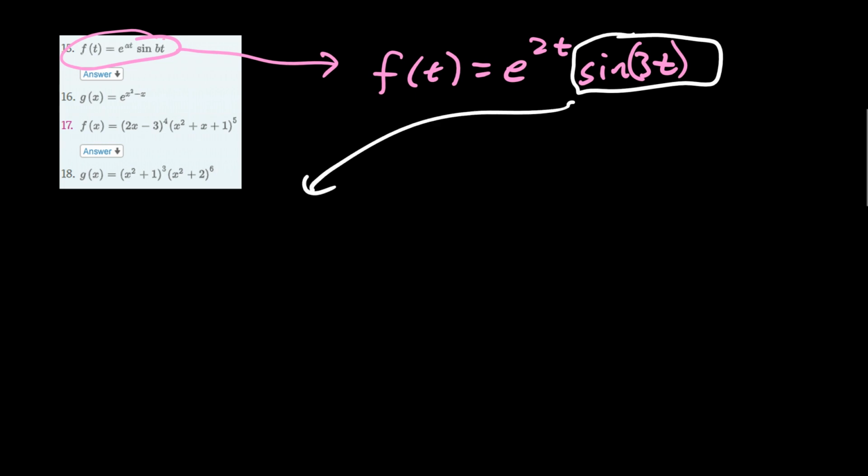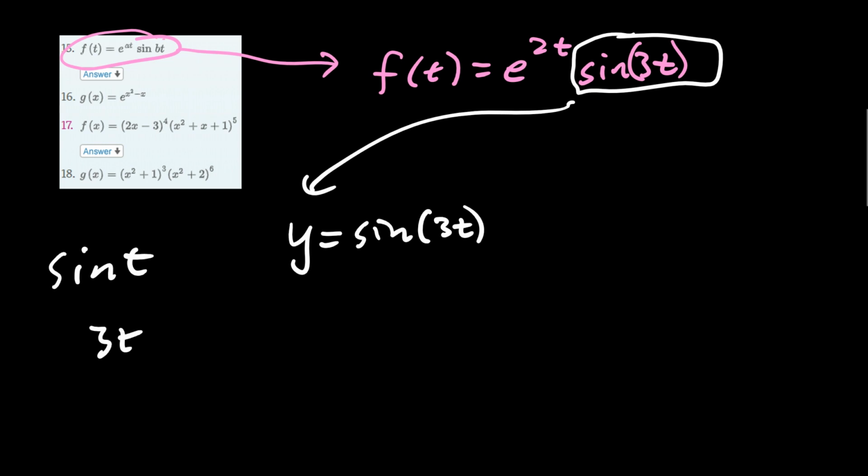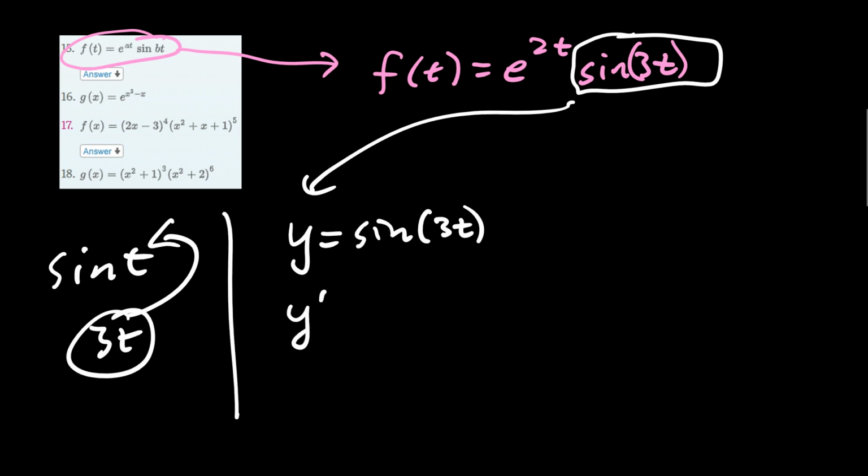Let's call it y equals sine of 3t. So this is the composition of two functions. It's not just sine of t, and it's not just 3t. It's one plugged into the other. So when you do this derivative, you have to take the derivative of the outside function and then multiply times the derivative of the inside function. So this becomes 3 cosine of 3t.